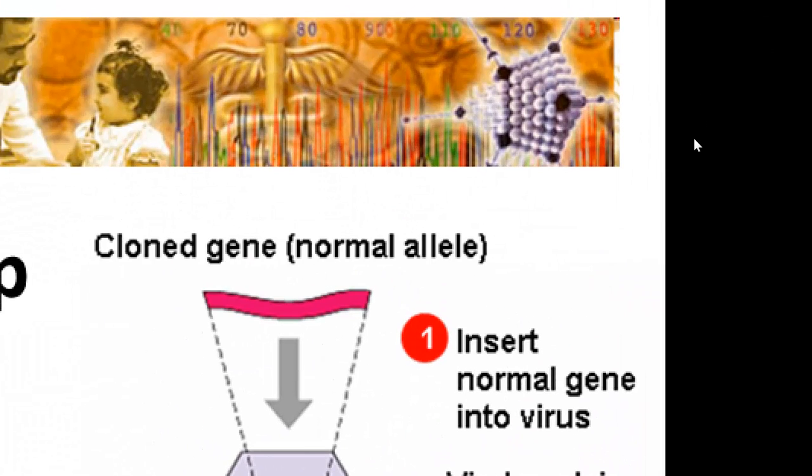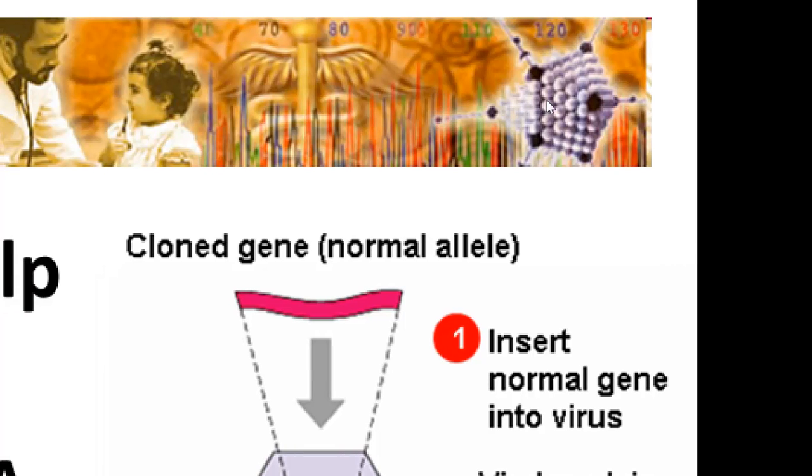So here you have a cloned gene. It's a normal allele. Remember we talked about cloning? This is a cloned gene, so it's not a natural gene. It's cloned, but it's the normal cells.